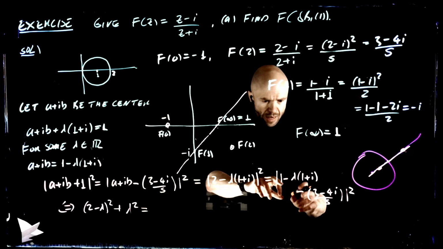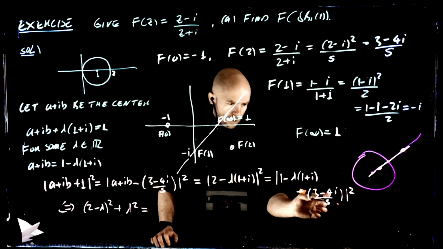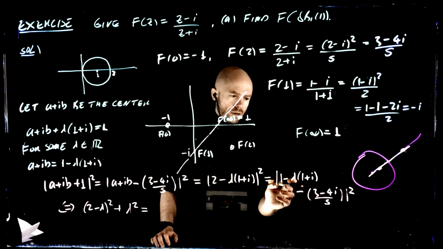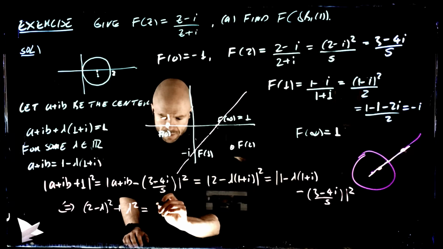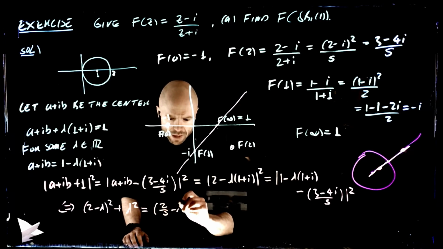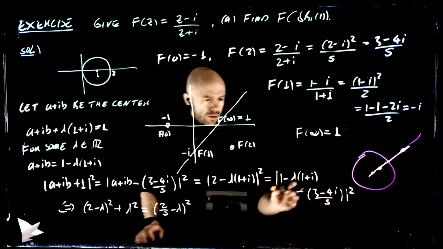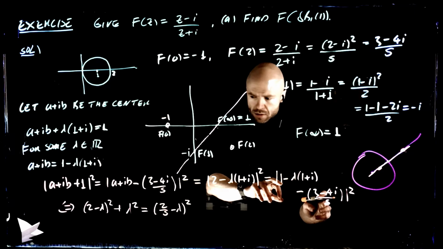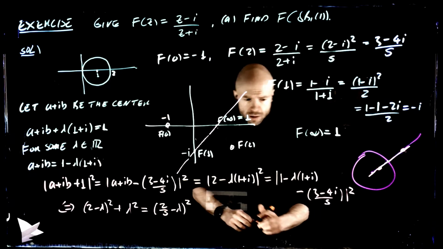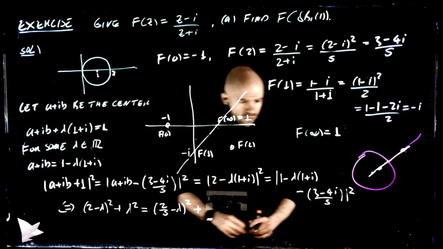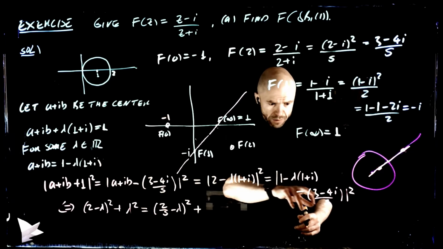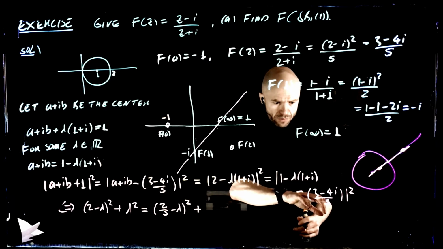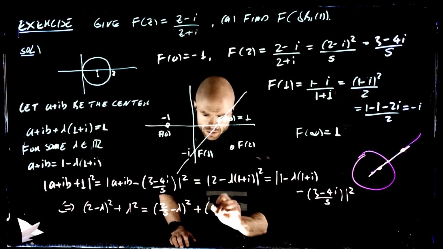So then we're going to have 2 over 5 minus lambda squared like this, right? Because that's 5 over 5, and we're taking 1 lambda away. And then for the imaginary part, we are going to have 4 over 5 and then minus lambda, right?